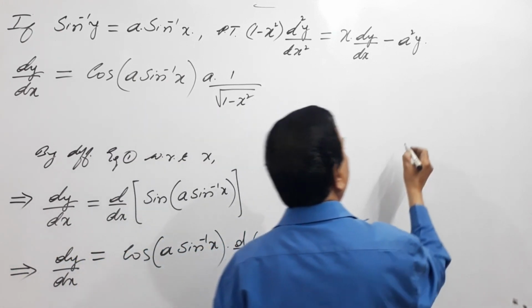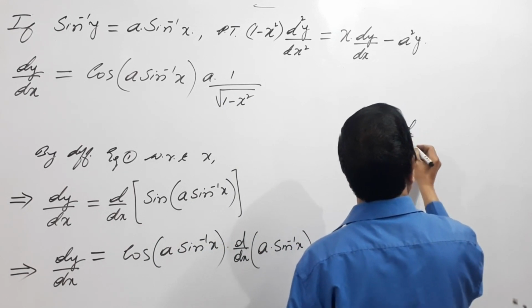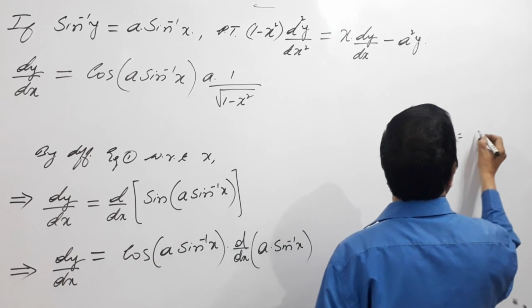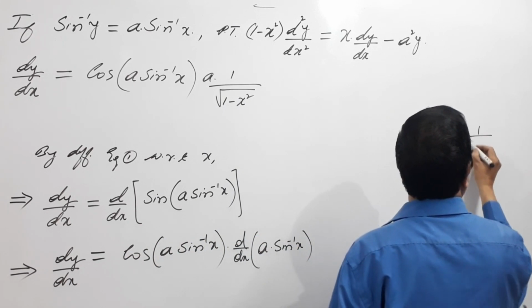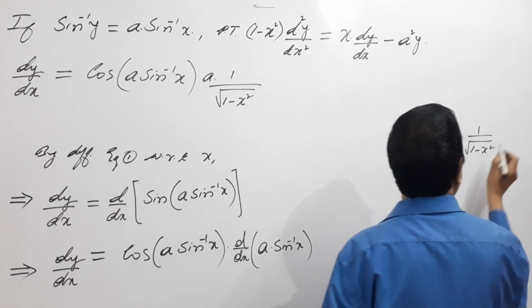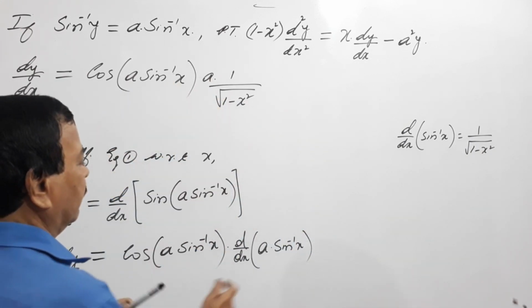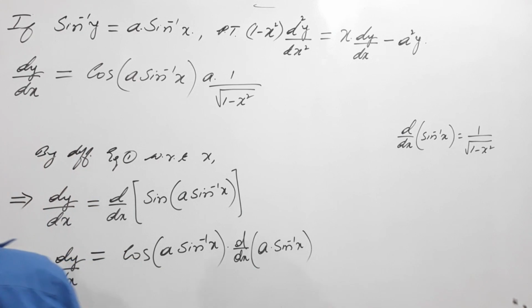You know that d by dx of sine inverse x equals 1 by under the root 1 minus x square, so I use the formula for this.